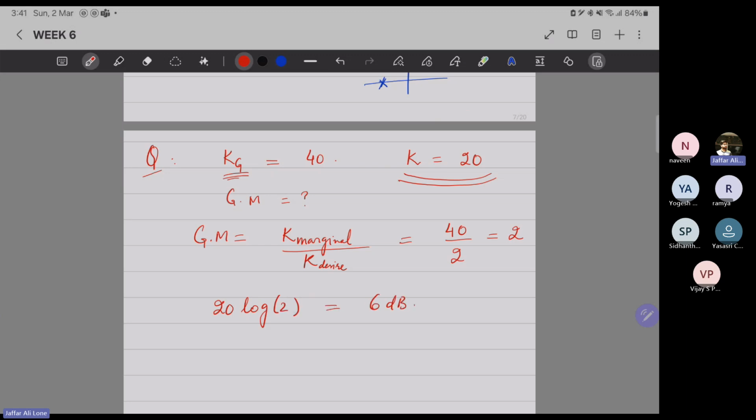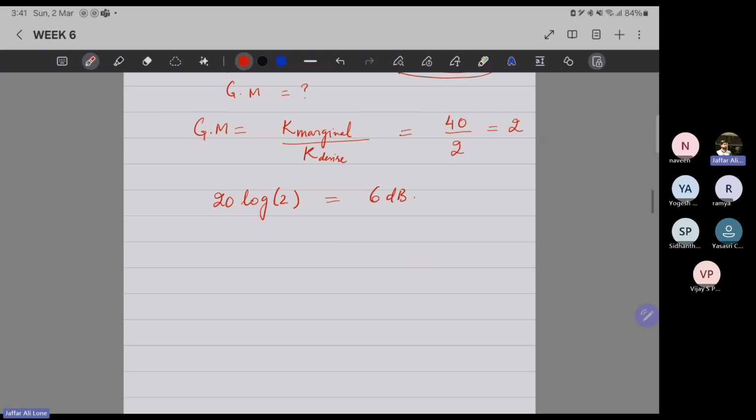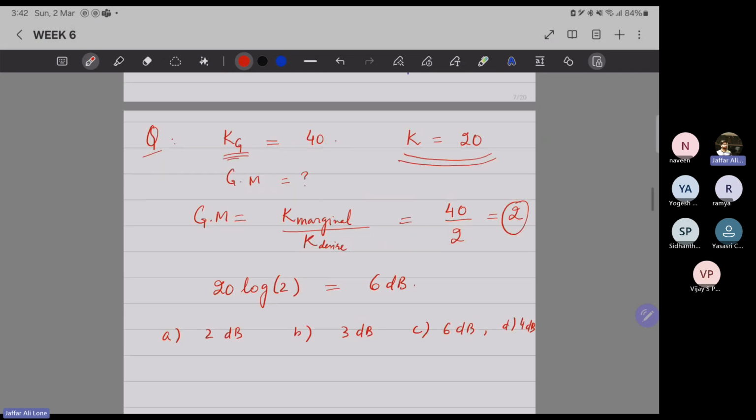Sometimes in options, you're only given the values in decibels. So you have to be very careful. For example, for this question, the options would have been 2 decibels, 3 decibels, 6 decibels, and 4 decibels. So you found it is 2, so you will straight away take this.